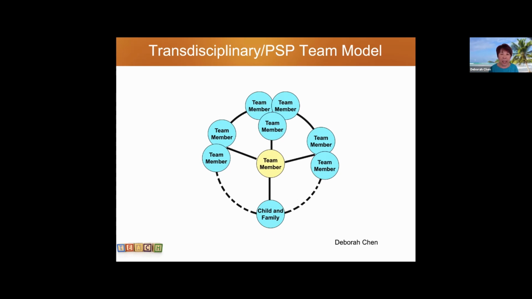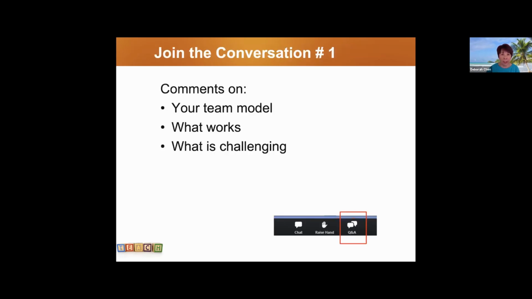And so there has to be a lot of trust and role release, as well as sharing. And of course, people need to be able to coach not only the family, but also the classroom teacher, and to coach each other. So based on that brief overview of these models, let's hear your comments.